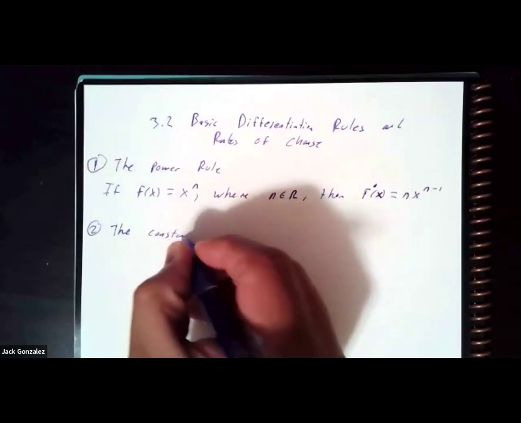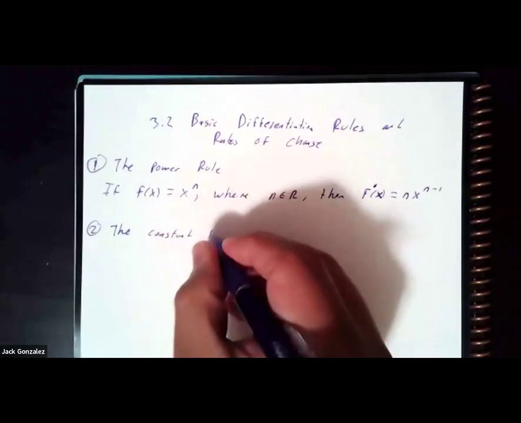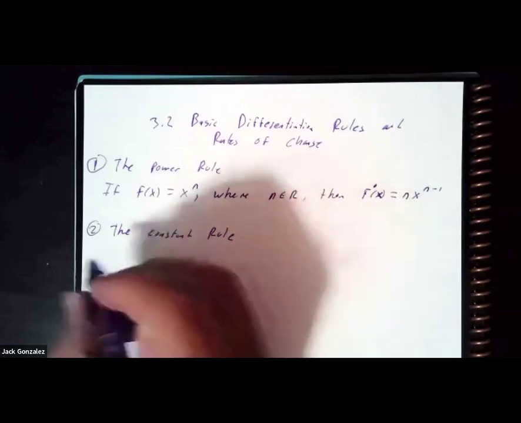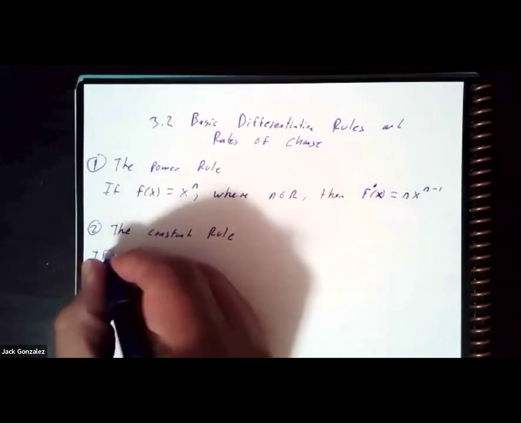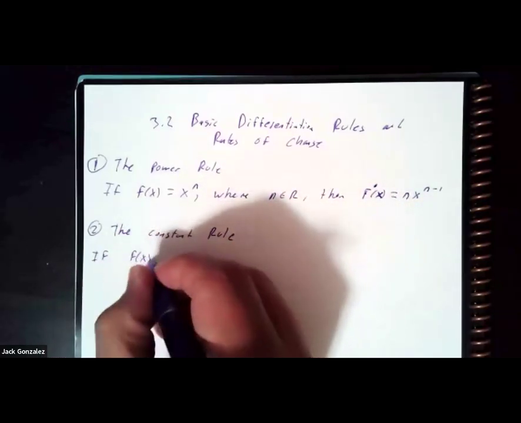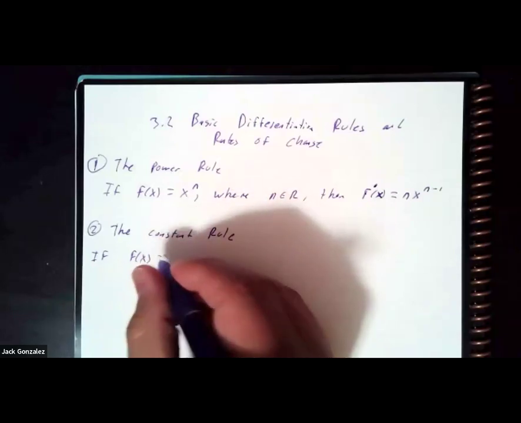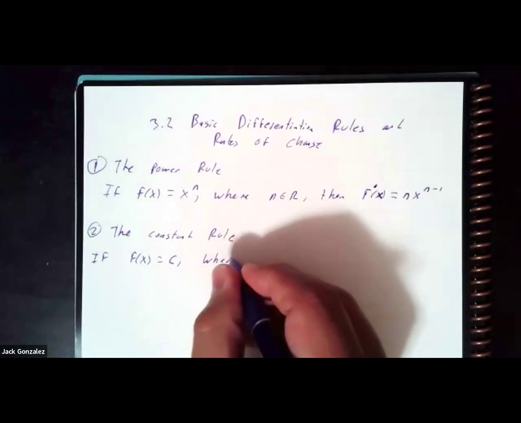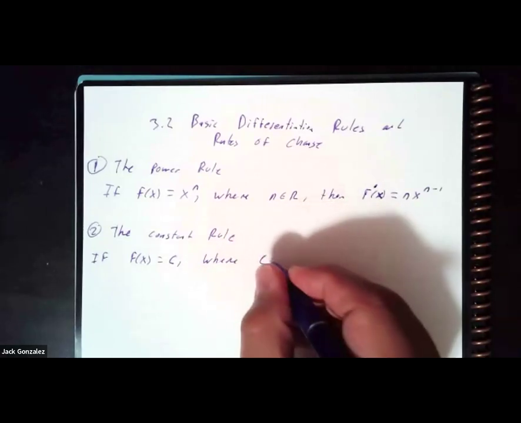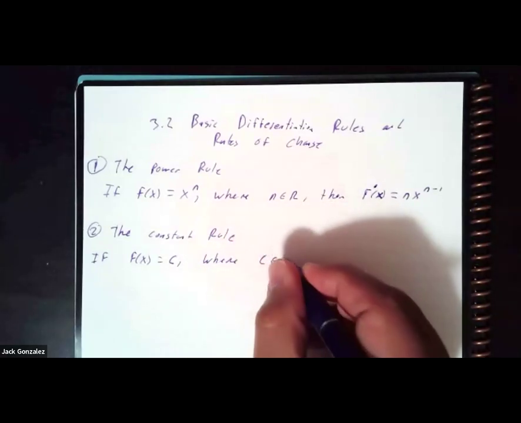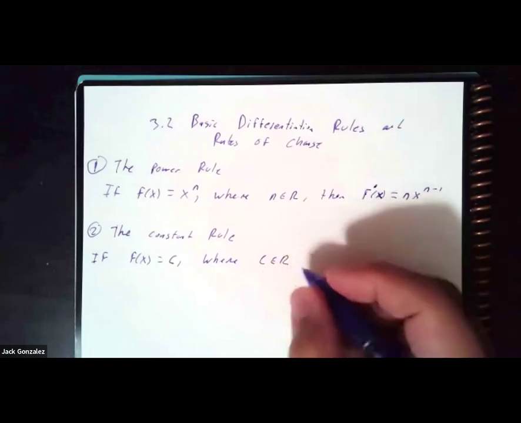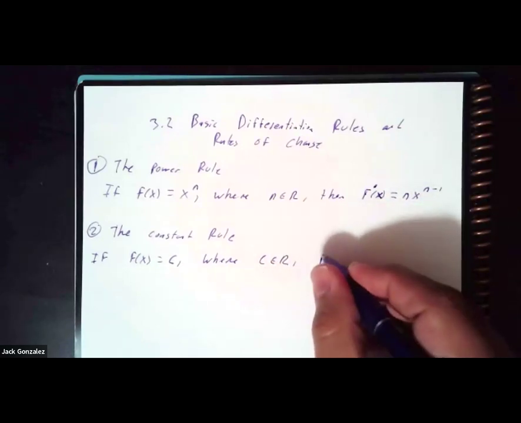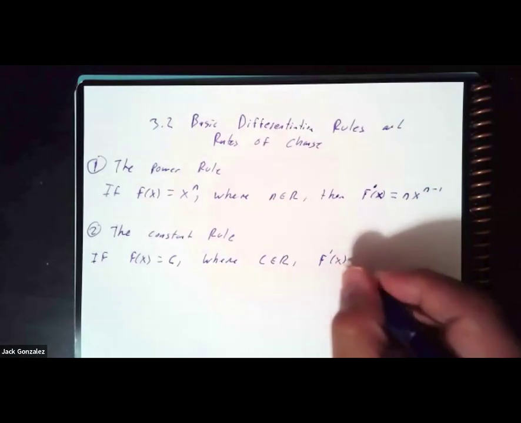The constant rule: if f of x is equal to c, where c is an element of R, then the derivative will be equal to 0.